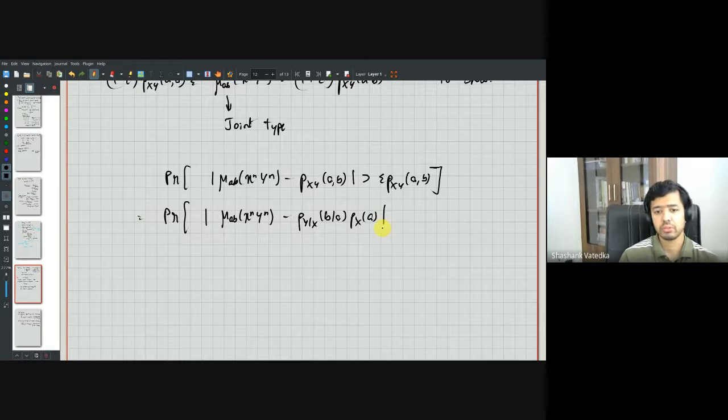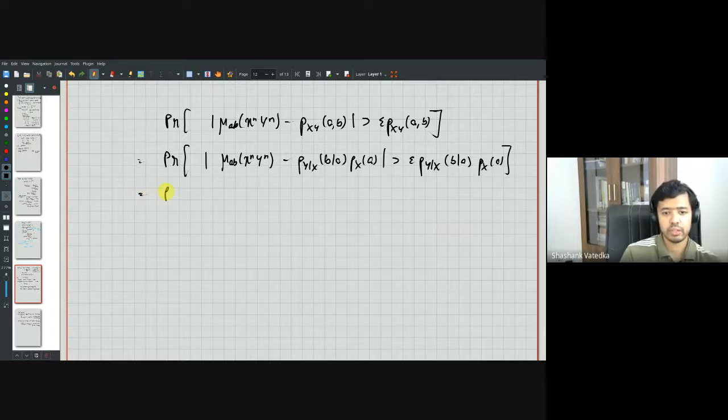And we want to know what is the probability that the fraction of b's in these particular locations is much different from py given x of b given a. So if we show that that probability is small, then we are done.